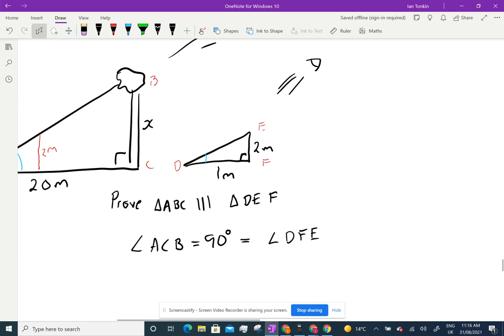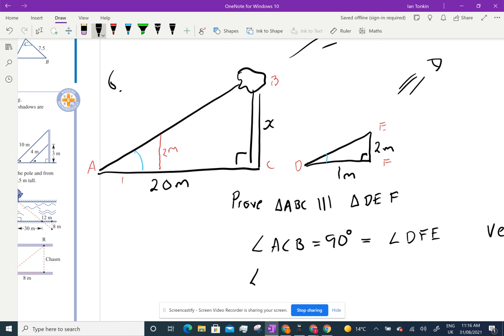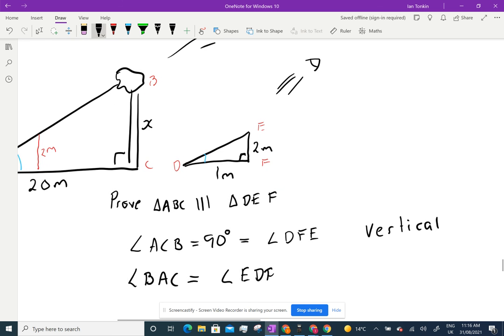Why? Because they're vertical. Angle BAC equals angle EDF because they're angles of elevation.